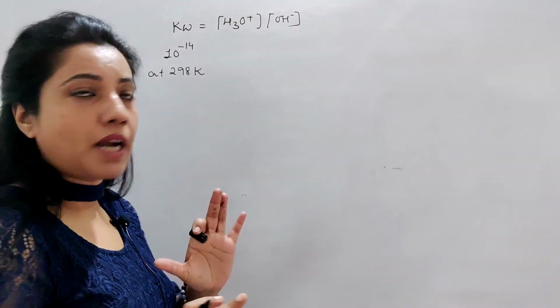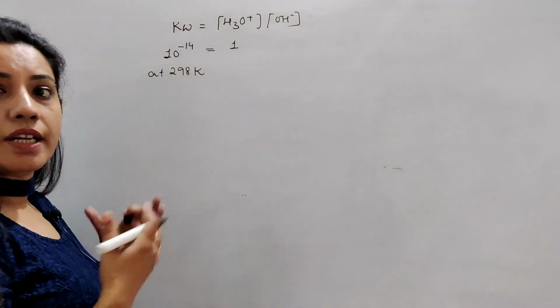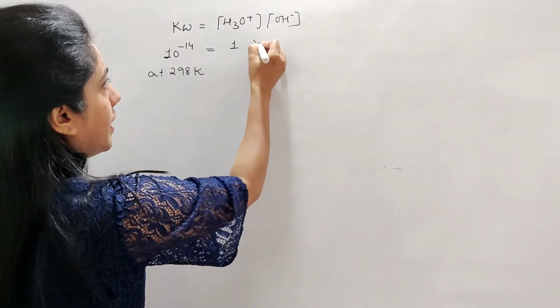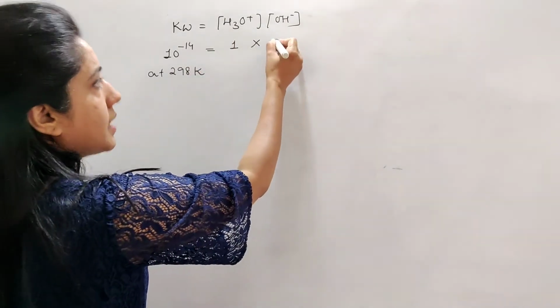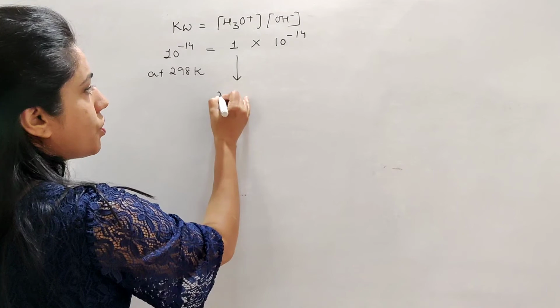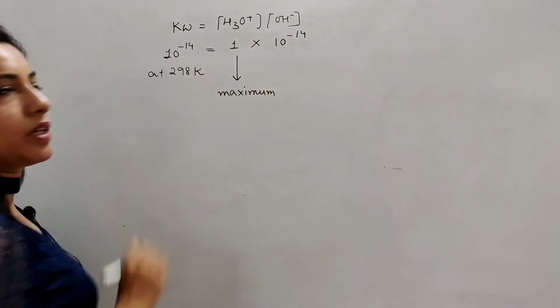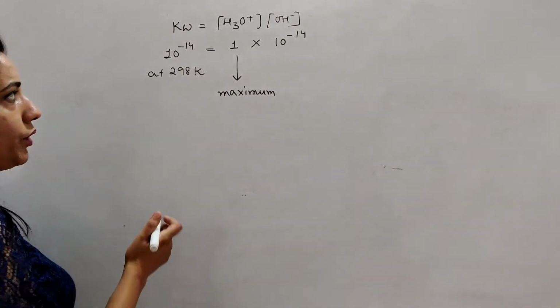That could be one extreme condition where we have complete H3O plus concentration, that is 1, and OH minus concentration is, in that case, 10 raised to power minus 14, because the concentration of H3O plus becomes maximum over here and OH minus concentration is minimum.